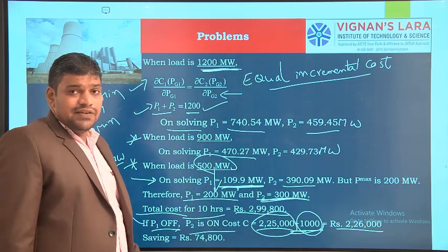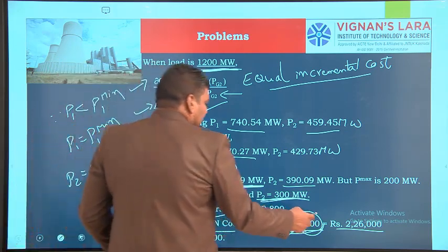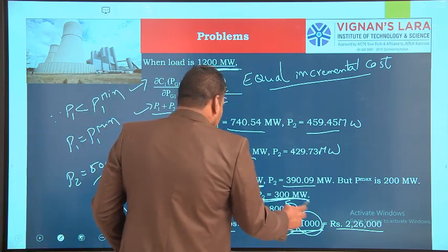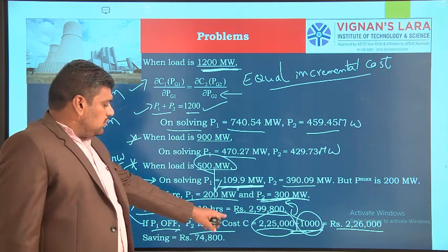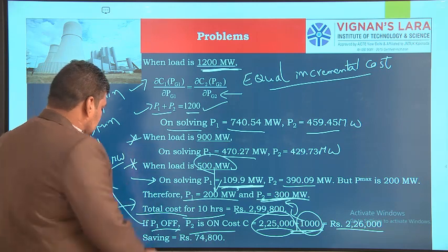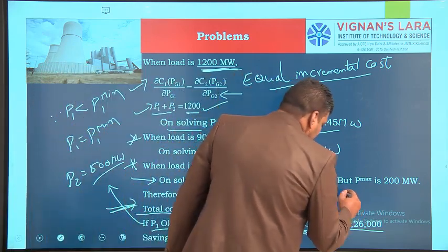Then what will be the saving? So the saving is the subtraction of these two. When the load is shared equally, this is the cost for economic sharing.